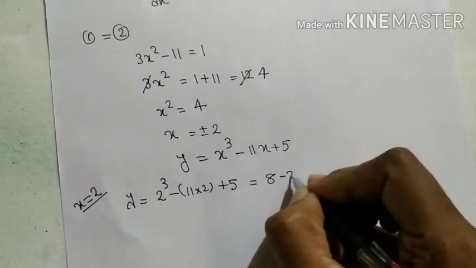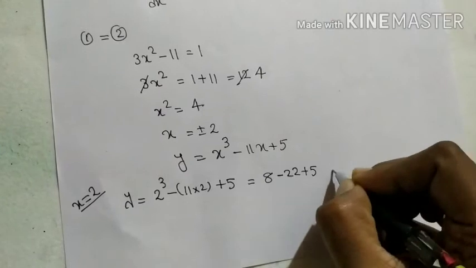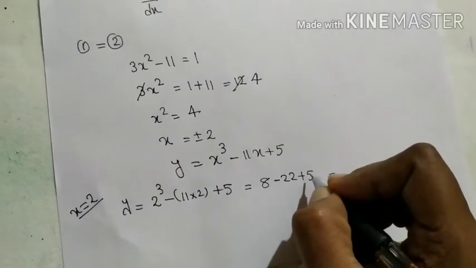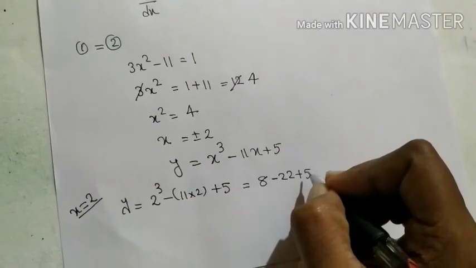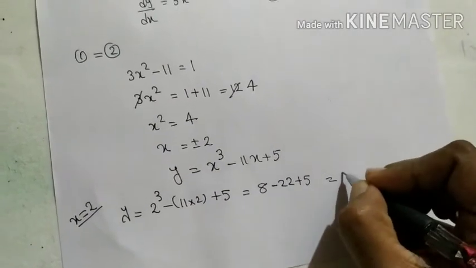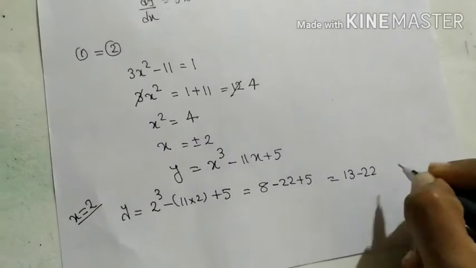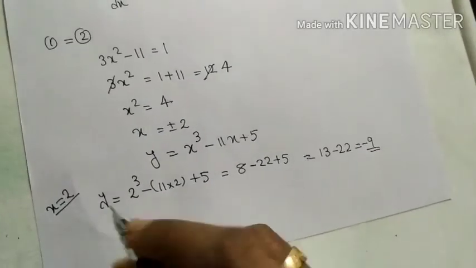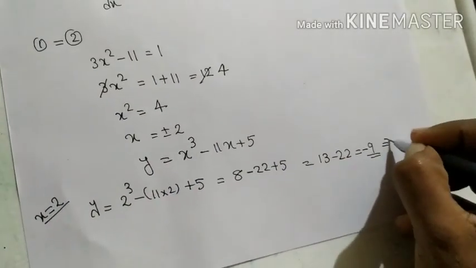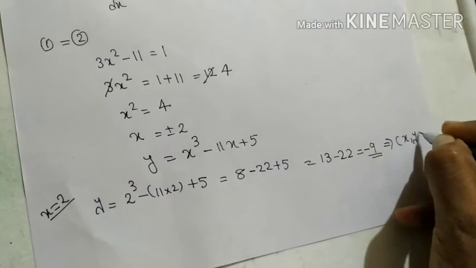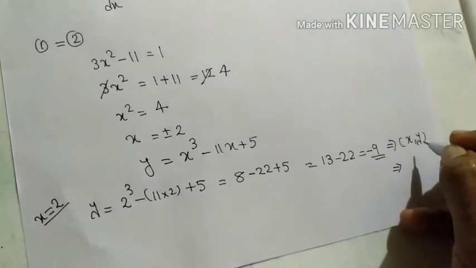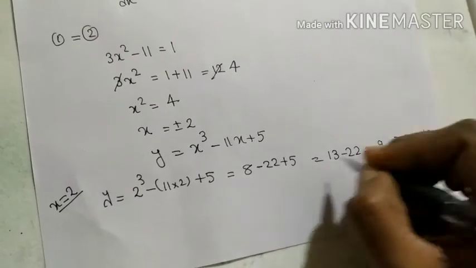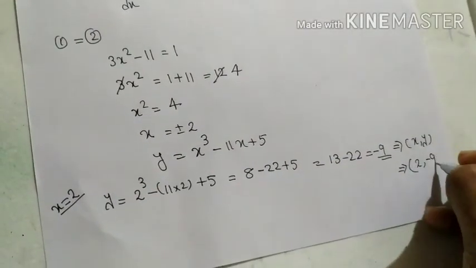Minus 11 into 2 is 22 plus 5. Minus 22 plus 13, equal to minus 9. So our first point will be x comma y in the form of ordered pair. X is 2 here and y we get is minus 9.